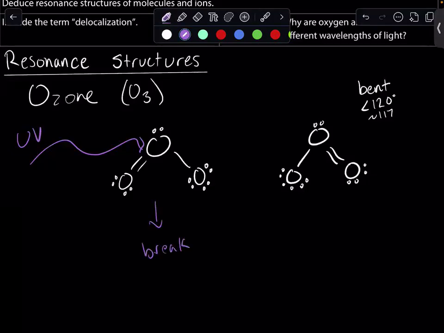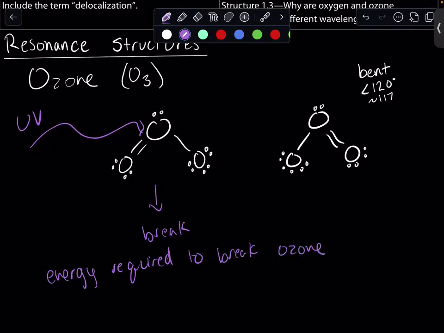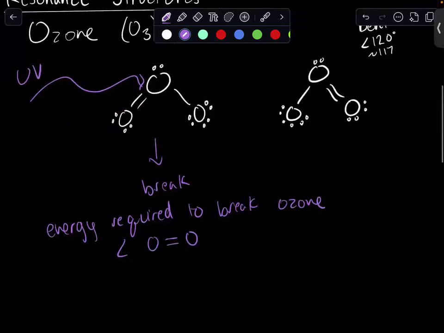But here's the weird thing. The energy required to break ozone is less than the oxygen-oxygen double bond, but it is more energy than the oxygen-oxygen single bond.